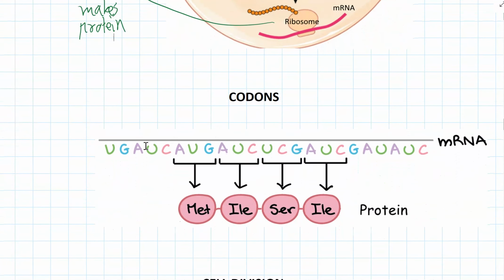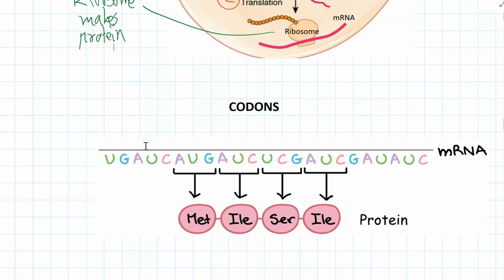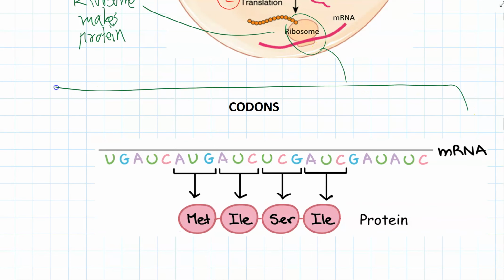Alright, going into a little bit more detail. When we're in the ribosome here, all this process is in the ribosome. During translation, what the ribosome is actually doing is it's reading the genetic code on the mRNA, and it reads it 3 bases at a time. So you can think of it like the genetic code has a language where it's made up of 3-letter words.